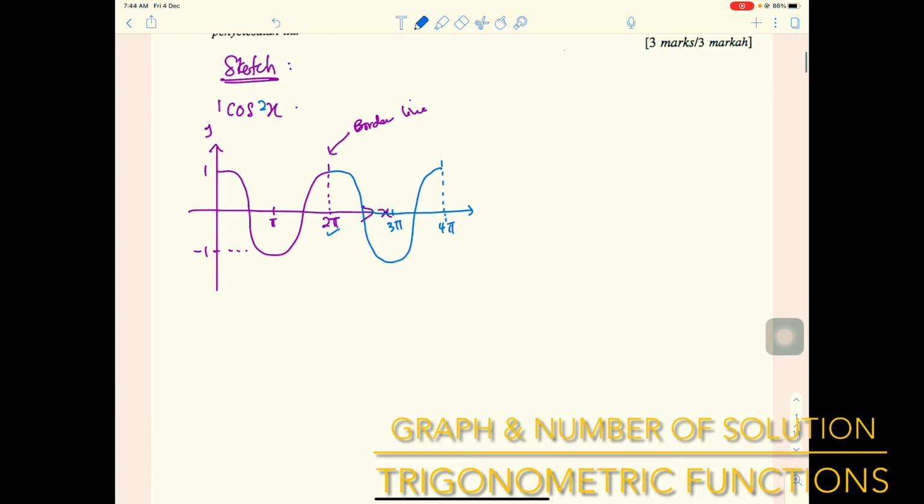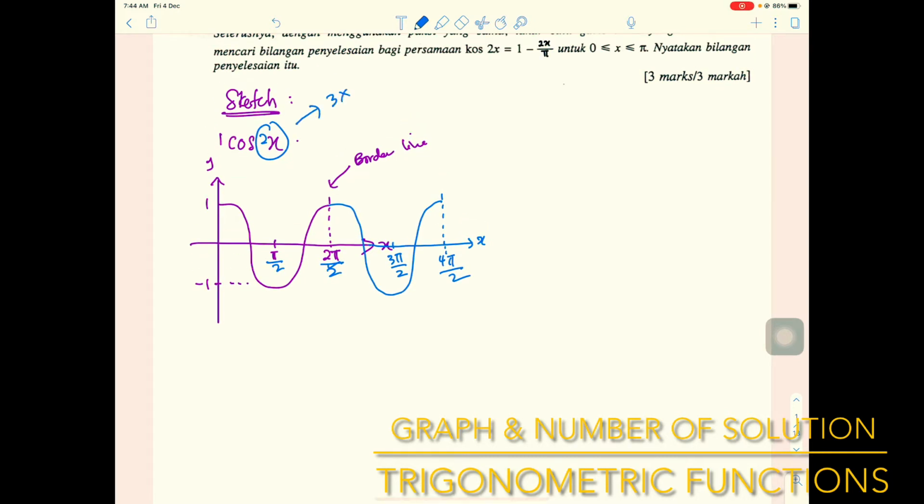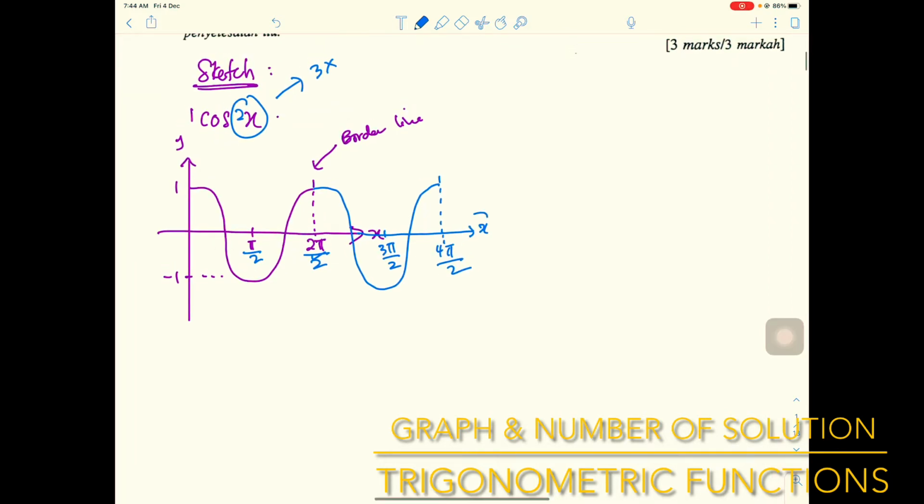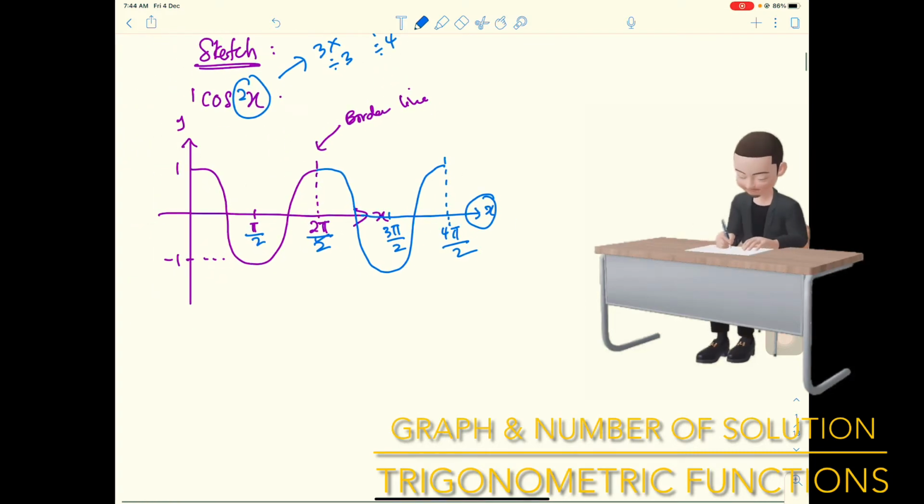Because of 2 complete circles, the scale on the x-axis is divided by 2. If it were 3x, the scale on the x-axis is divided by 3, and if 4x, divided by 4. That's how we determine the scale for the x-axis.